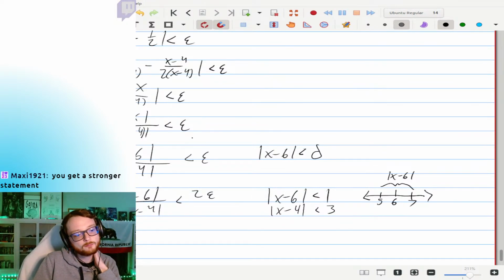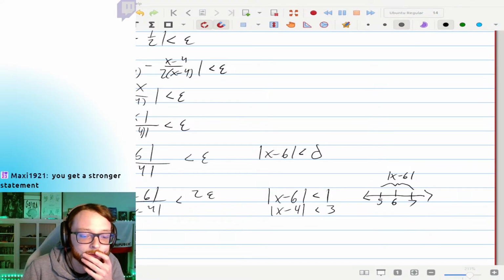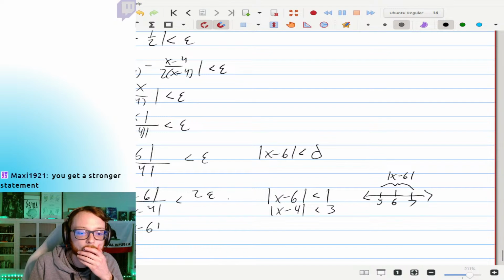Yeah. I forget how you use this though. But basically, if you pretend that delta is equal to 1, you get this thing is less than a third.